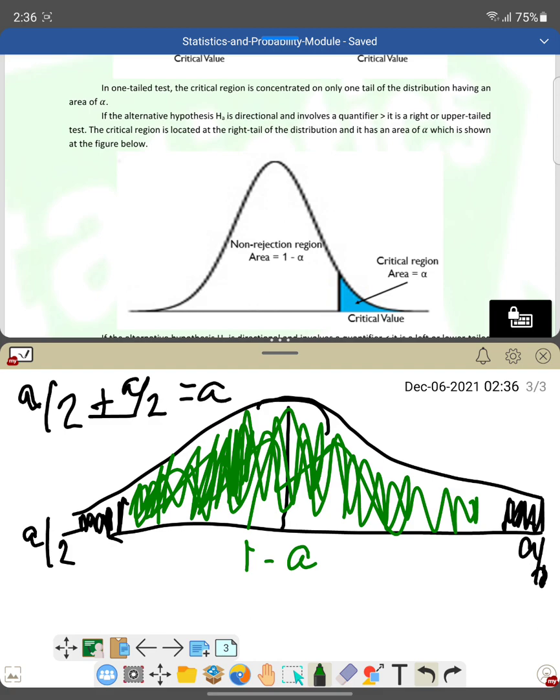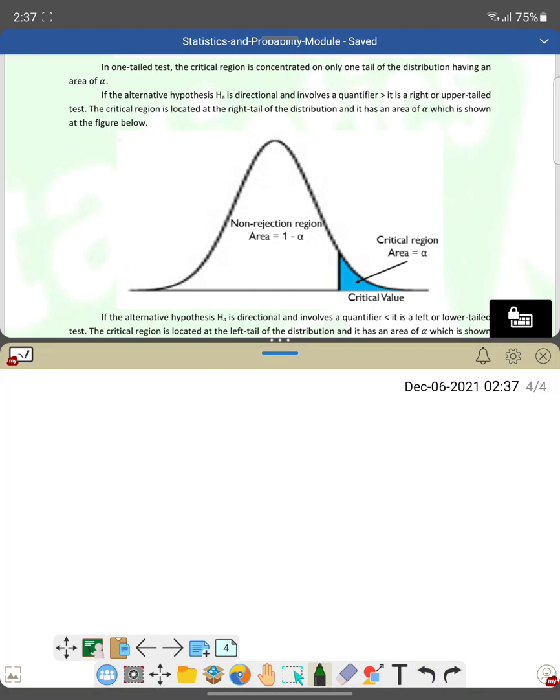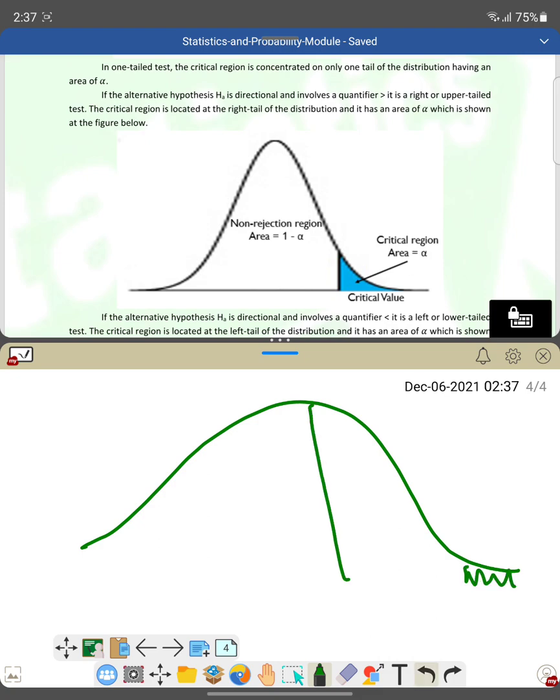The same thing happens, but this time when the indicator is greater than, that is a right or upper-tailed test. Why upper? Because your critical region is located on the right part. We will locate it here.